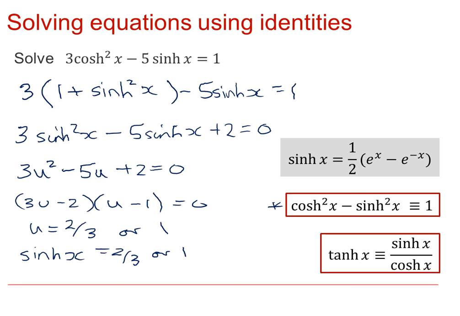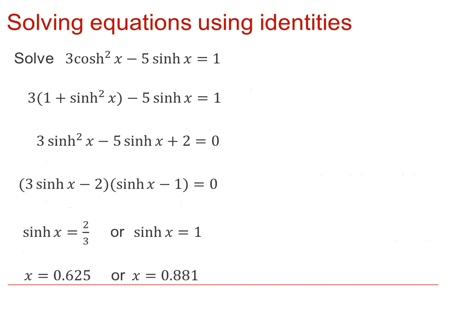We could solve this, as we did in previous videos, by forming a quadratic in e to the x, using the definition here. For the moment, just accept that the values of x relating to those sinh x values are 0.625 and 0.881.